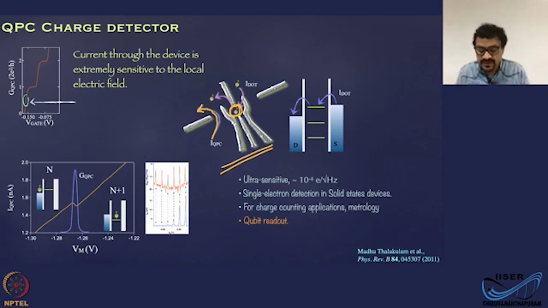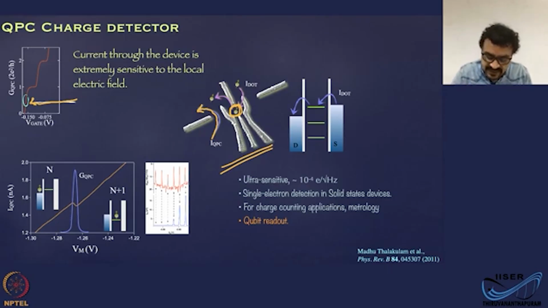So using the quantum point contact and biasing it to the nonlinear sharp regime in the transconductance curve, you can sense the electron jumping in or out of this trap.